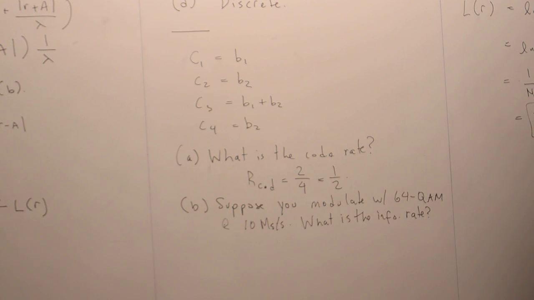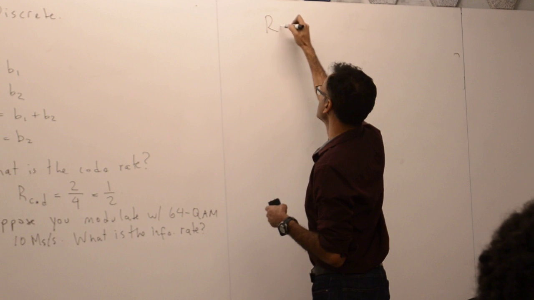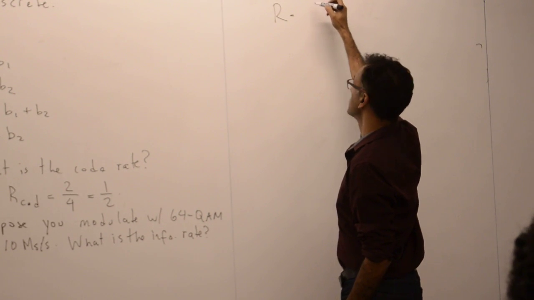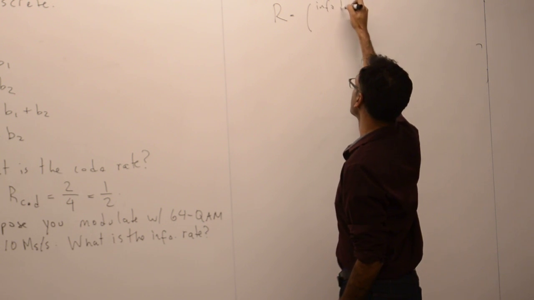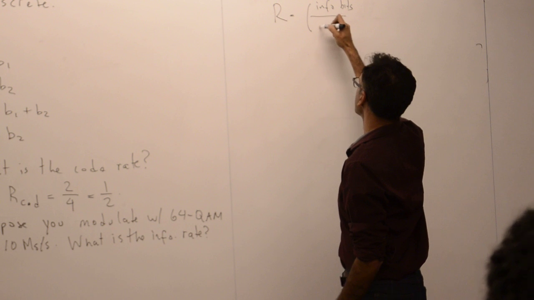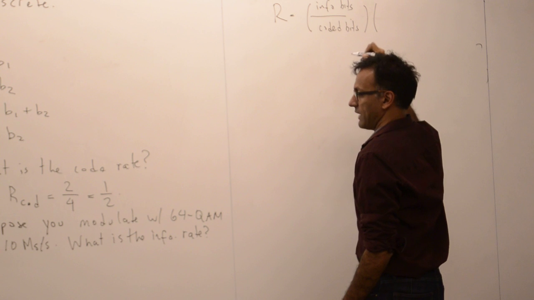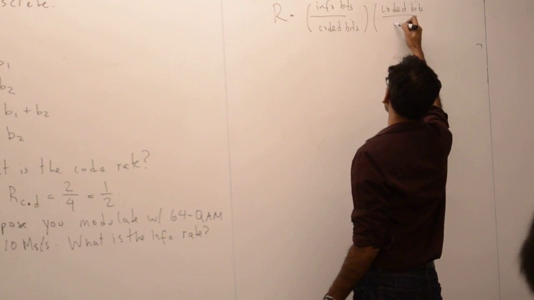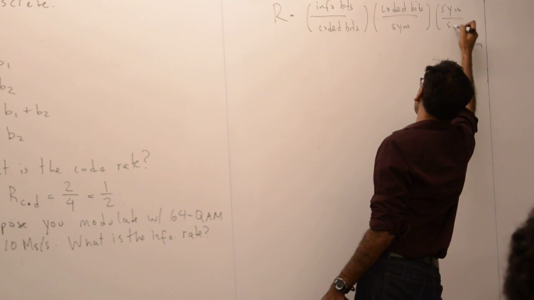Okay, so how do I do that? Well, the information rate will be R. I'm going to take the information bits by coded bits, times 6 coded bits per symbol, and then symbols per second.